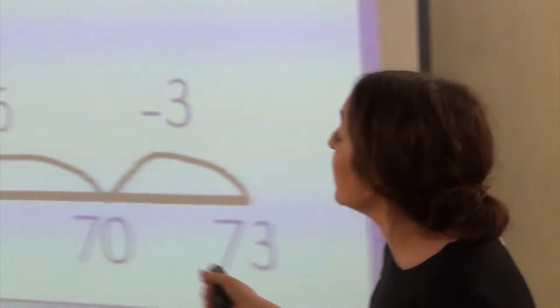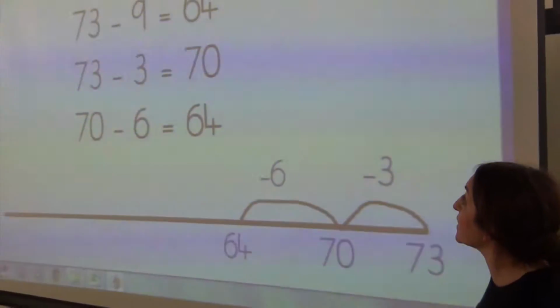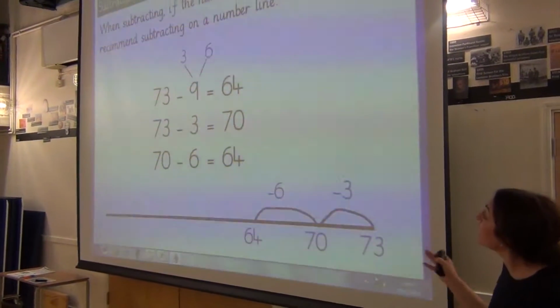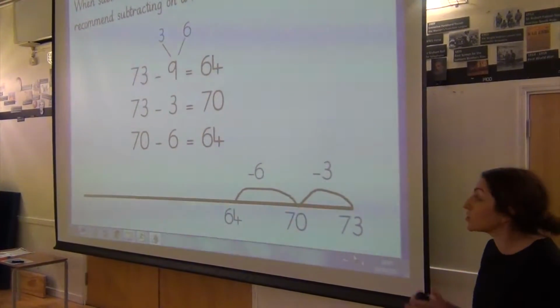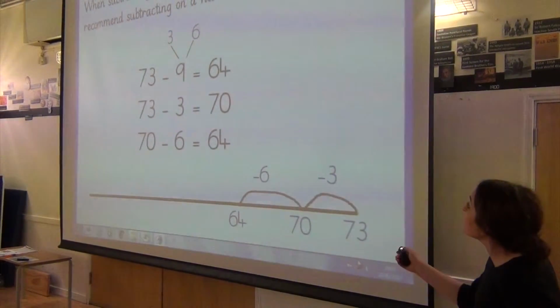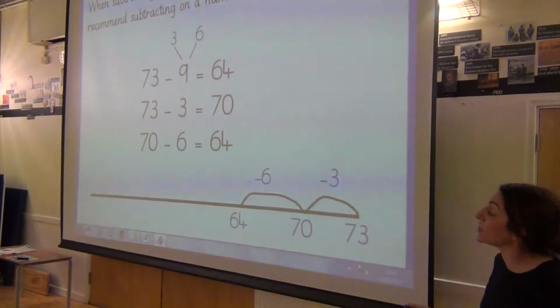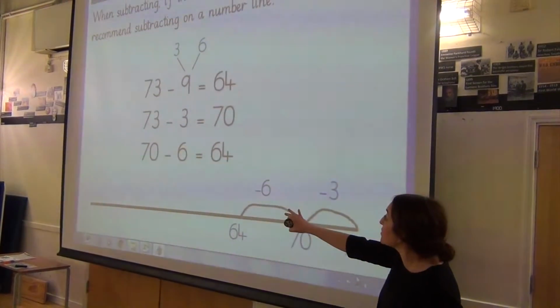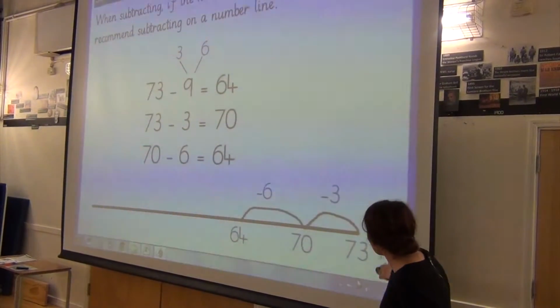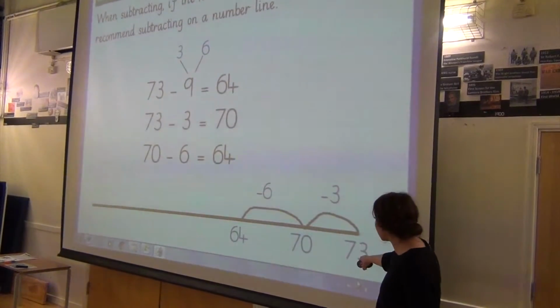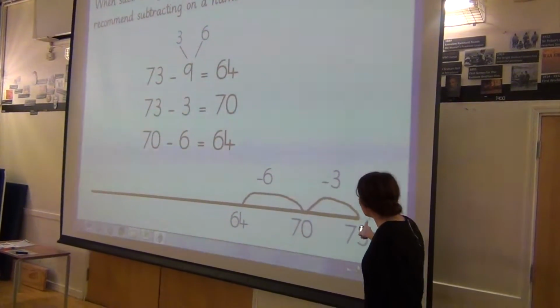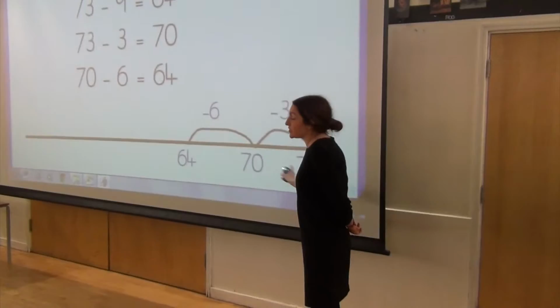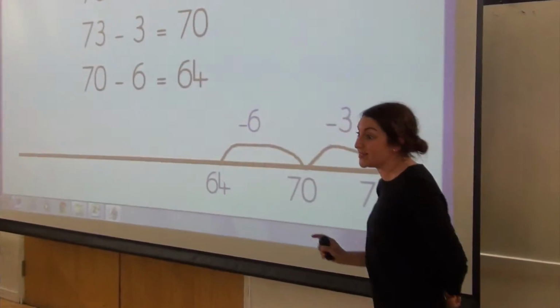Okay, now when we're subtracting a 1-digit number, so taking away a 1-digit number from a 2-digit number, the method that we've taught them is using an empty number line. So if we were looking at 73 take away 9, we would ask them to put 73 on this side of the number line, and then we would ask them to take away until they jumped back to a friendly 10.